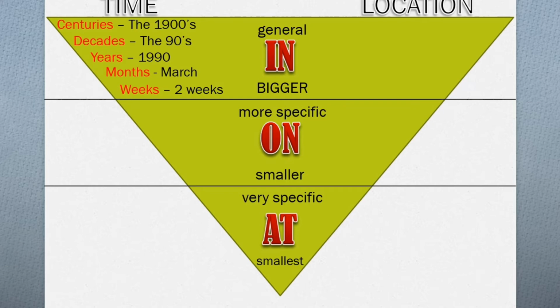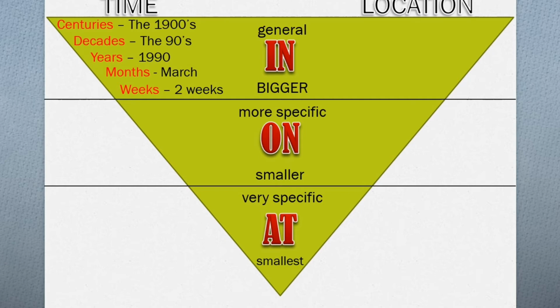For decade, we have the 90s or in the 90s. For years, we have 1990 or in 1990. For months, we have March or other months, or should I say in March. For weeks, example is 2 weeks, or should I say in 2 weeks.